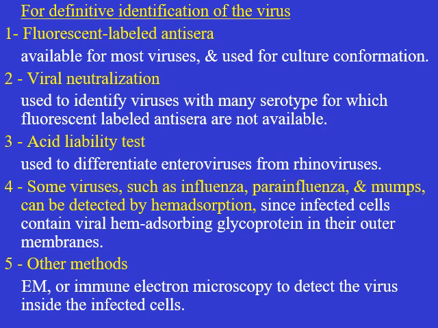This is available for most viruses and used for culture confirmation. Second, we have the viral neutralization test. This test is used to identify viruses with many serotypes for which fluorescent labeled antisera are not available.